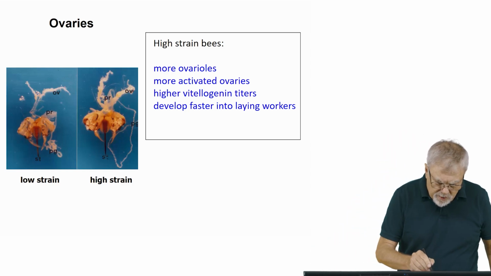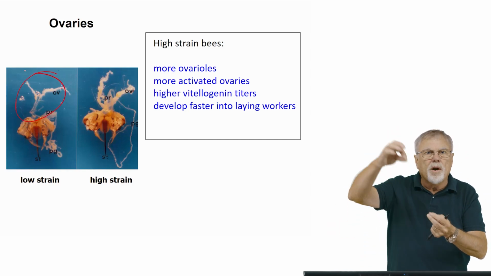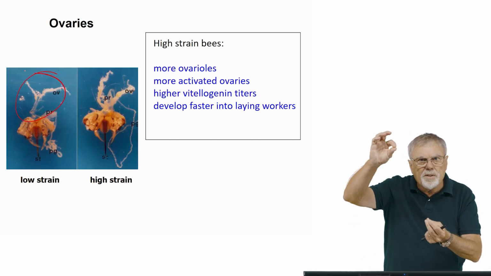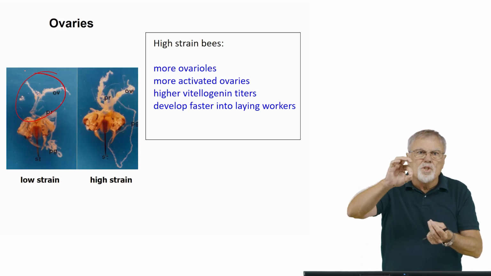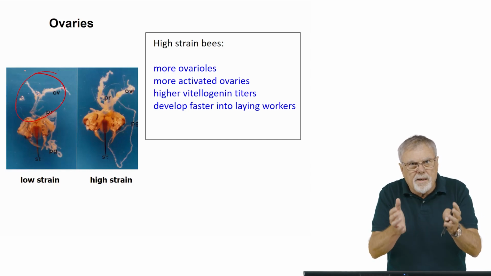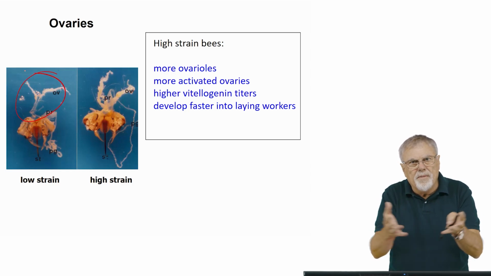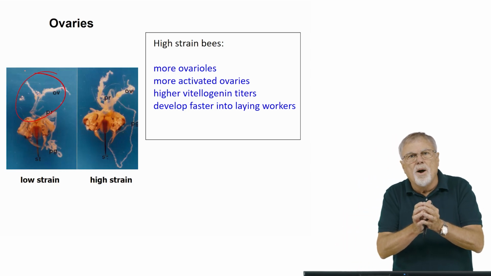So these are the ovaries, and the ovaries consist of filaments called ovarioles. And each one of those ovarioles is an assembly line for making eggs. The ovaries get activated and they swell, and then they start absorbing vitellogenin from the blood.